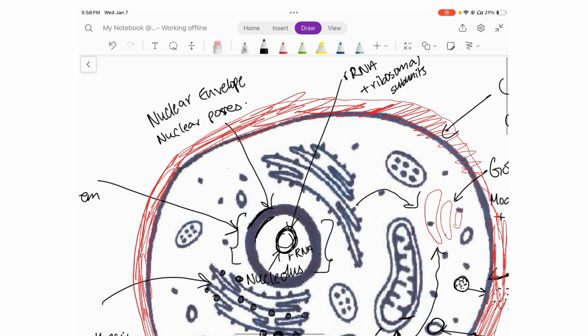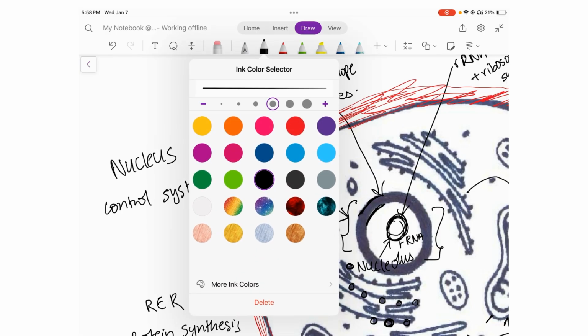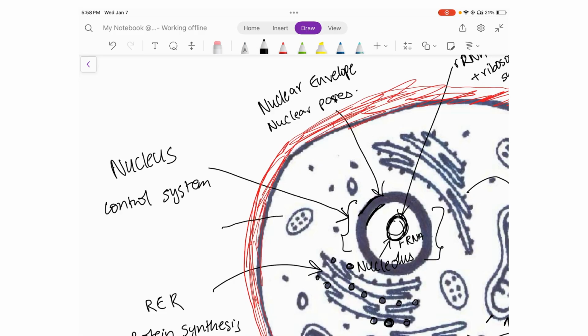Now there is an organelle which is already present here. This is the chloroplast.